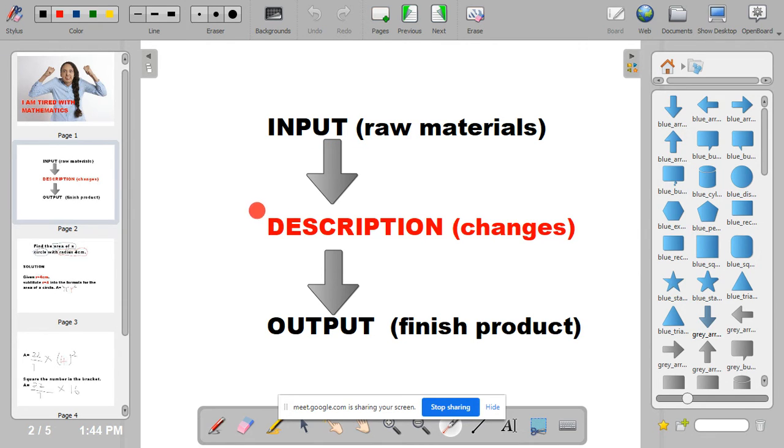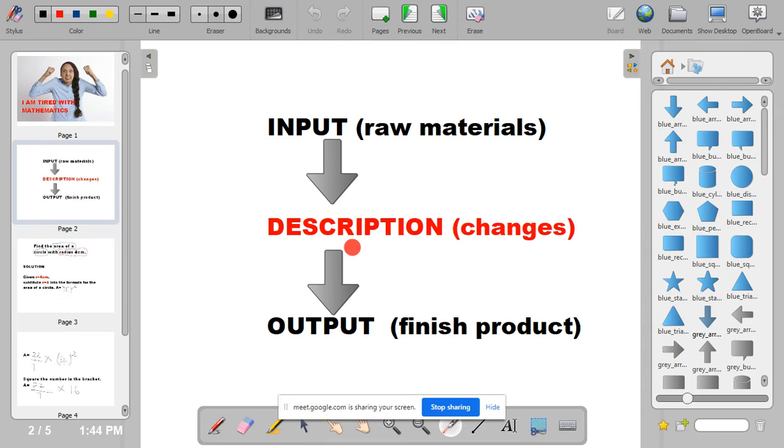Now this is where you have to pay a little bit of attention to the description or the changes. The processor here will be the definitions, the formulas, theorems, and the axioms you have to learn in math class.